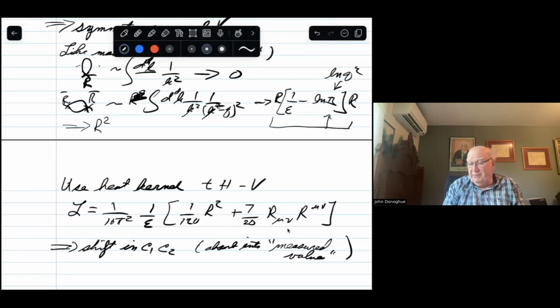Writing in this form with the log box is a technique that Barvinsky and Vilkovisky pioneered. And so there's a whole literature associated with those log box pieces.